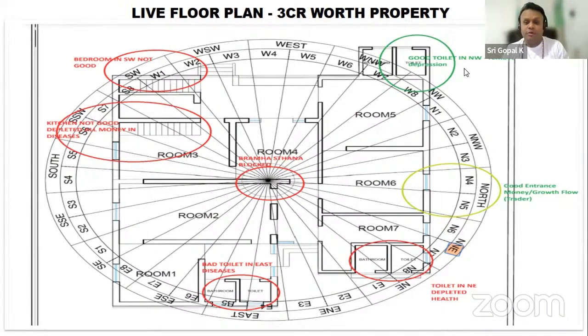Number one. Number two, there are some good blessings in this house as well. If you see, this lady who owned this flat has an entrance in the northern direction. Can you see N4 and N5 over here, right? North direction. She has an entrance just next to room number 6.